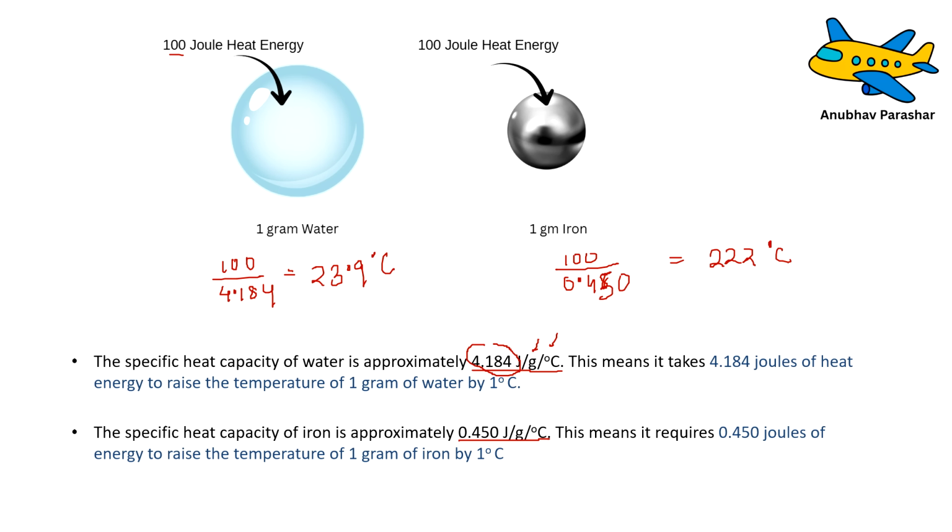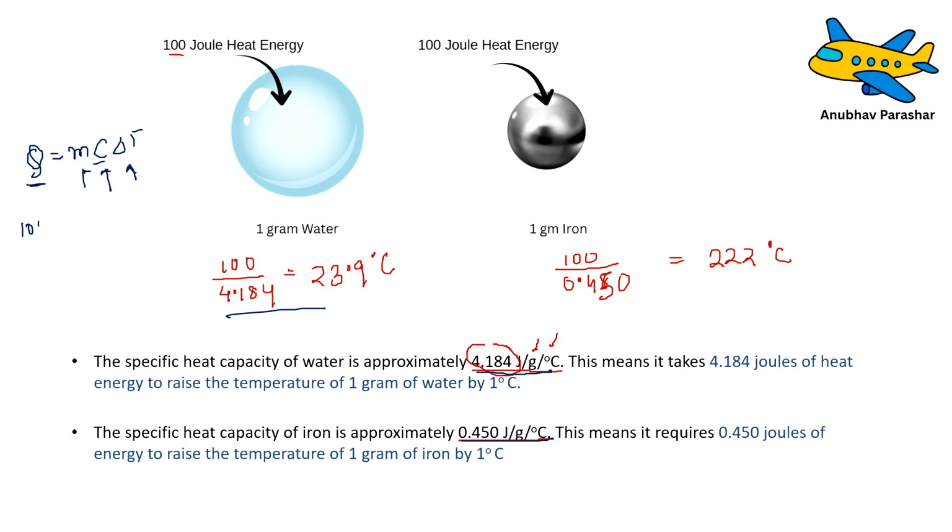This formula can be said to be something like this: total heat transfer is equal to mcΔT. This is the C we are talking about, right? For water, it is 4.184 and for iron, it is 0.450. So the amount of heat transferred is equal to mass multiplied by specific heat multiplied by ΔT.